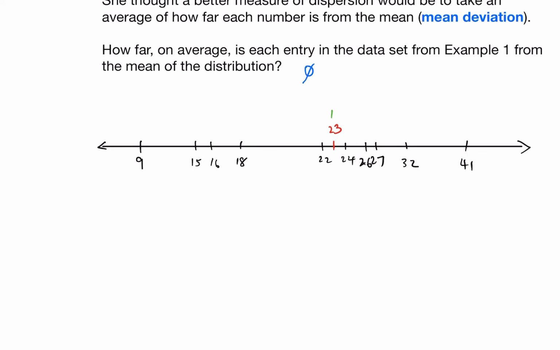If we subtract 8.8 from 23, that's about 14. I went a little too far here. So down to about here. And then if we add 8.8, that takes us to about here.